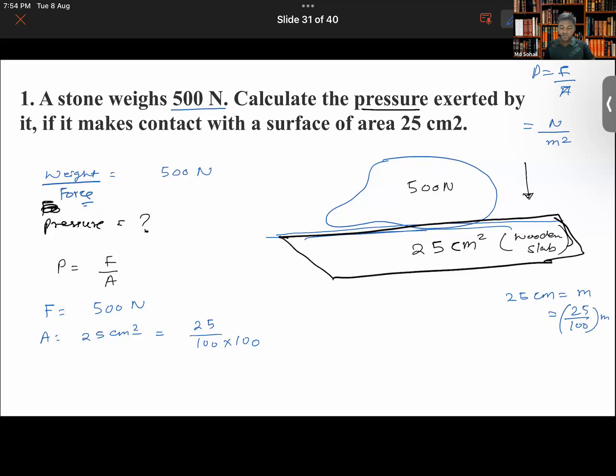So this is in meter here, but it needs to be in meter square. So 25 upon 100 square, that is 25 into 25 upon 100 into 100. Getting it? Okay, so that is how we are going to solve it.